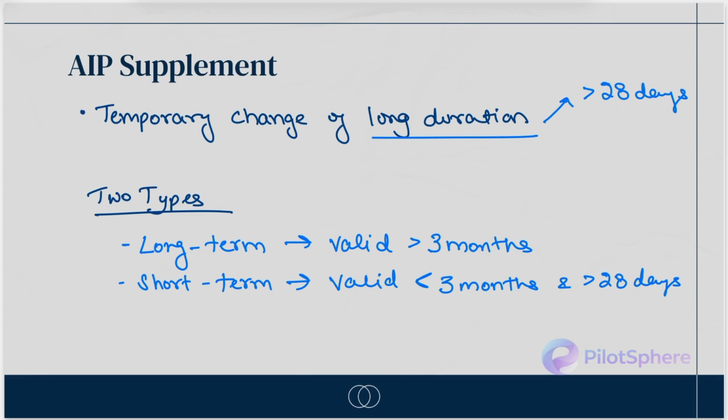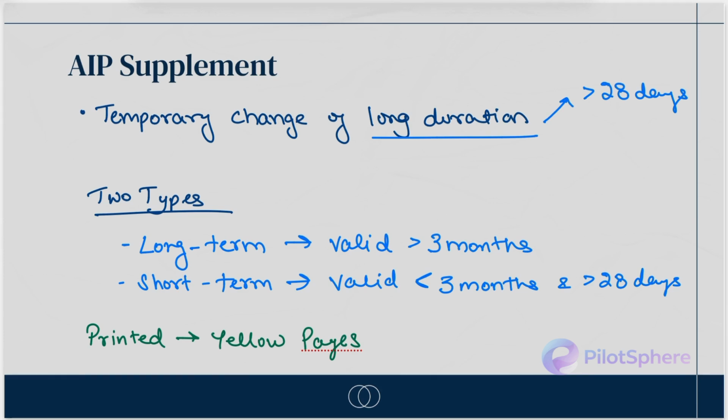And your AIP supplements are actually published as a yellow page. So in the printed copy, they will be added as special pages which are yellow in color and directly inserted into the AIP.